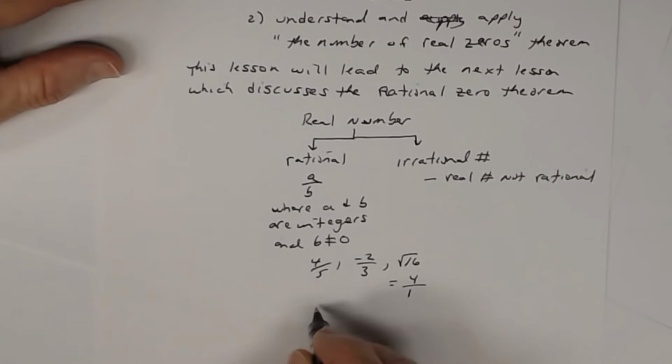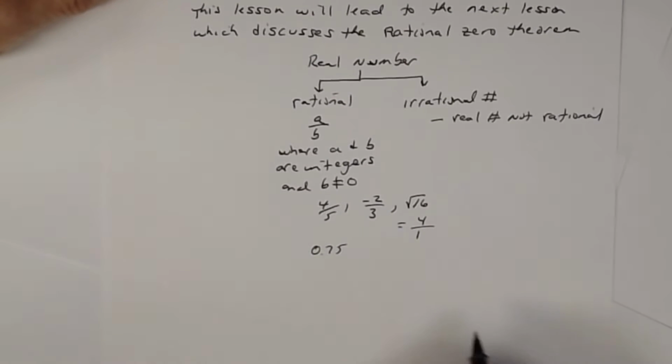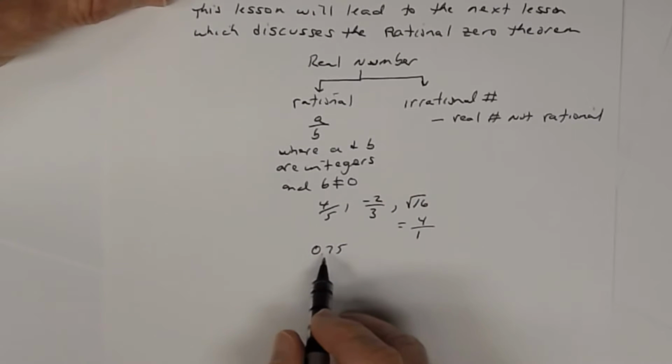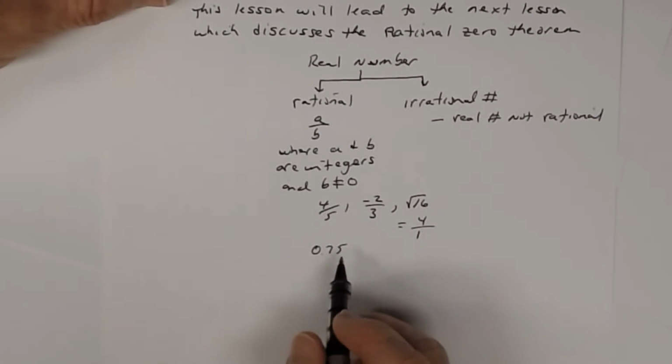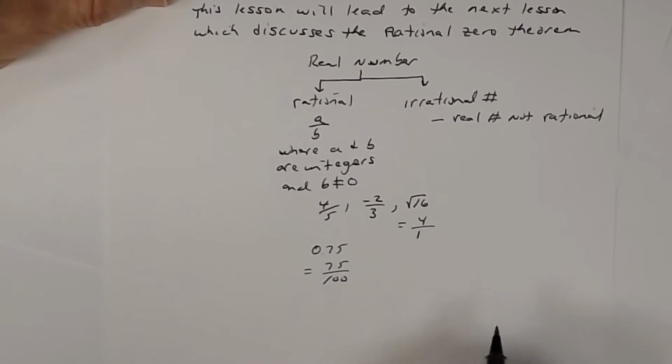And don't forget your terminating decimals, like 0.75. That's a rational number, because 0.75 is 75 hundredths, and 75 and 100 are integers.